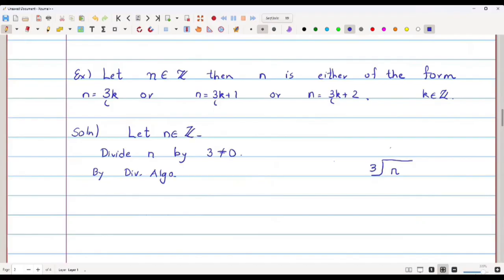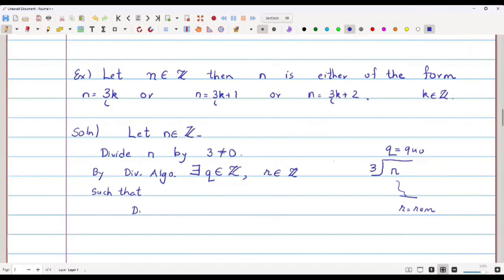we can find a quotient, and after doing the division, we can find the remainder. There exists means we can find a quotient which is an integer, and a remainder which is an integer, such that what is the connection between all the 4 of them? n, 3, q, and r.